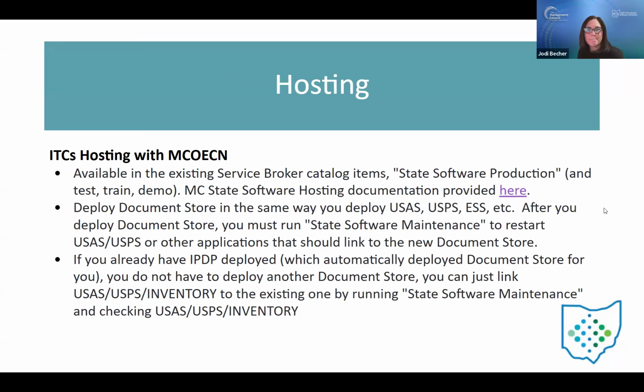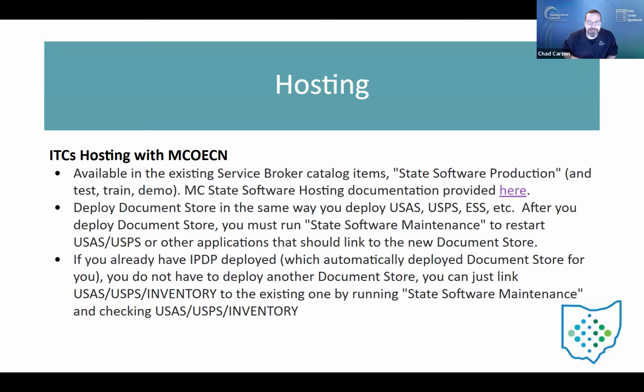Chad? Good morning, everybody. So if you're currently hosting with the Management Council, our plan is after this meeting later this afternoon, in the service broker, if you go to State Software Production, there will be a checkbox for Doc Store to allow you to deploy that.